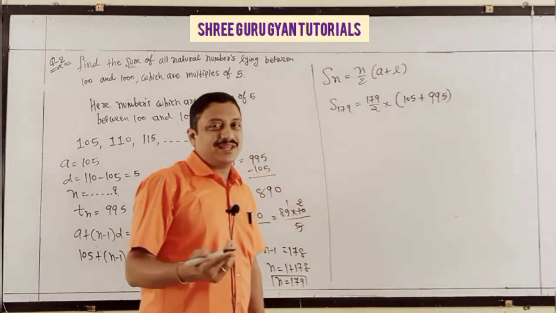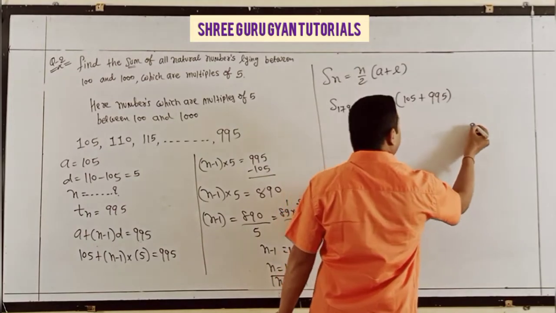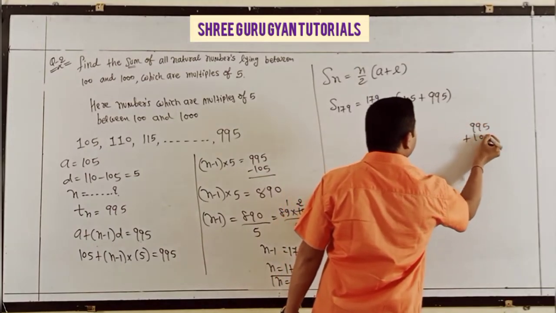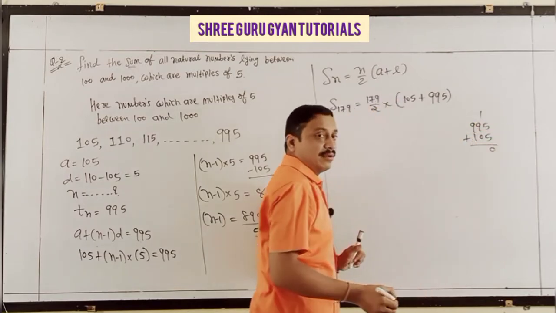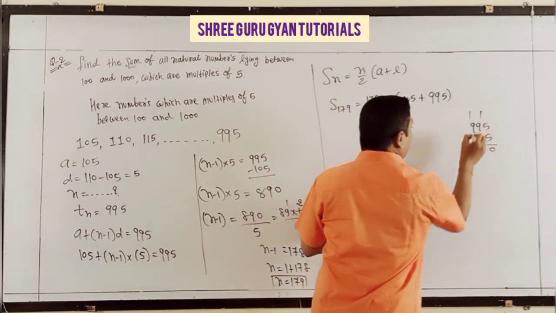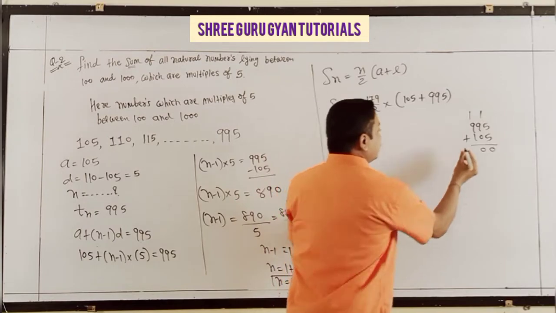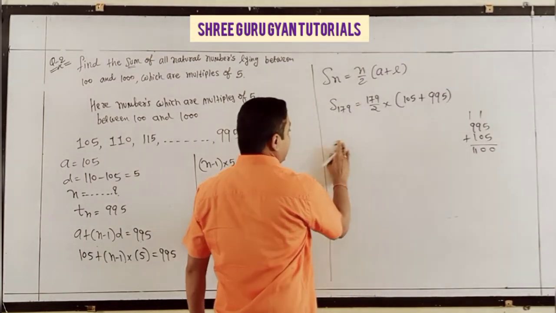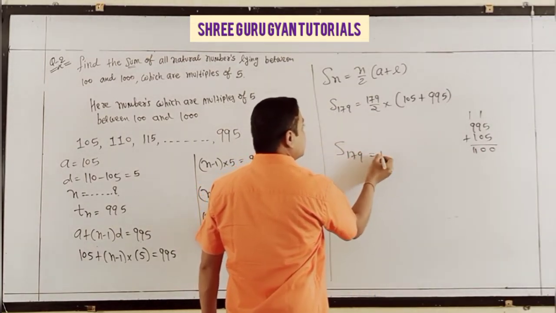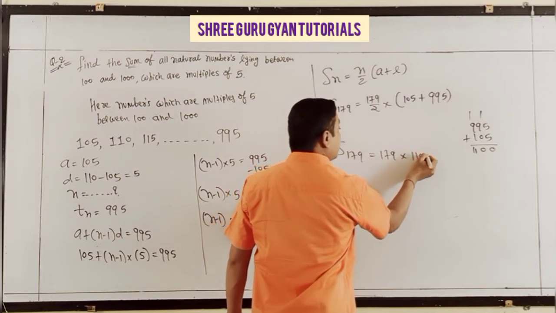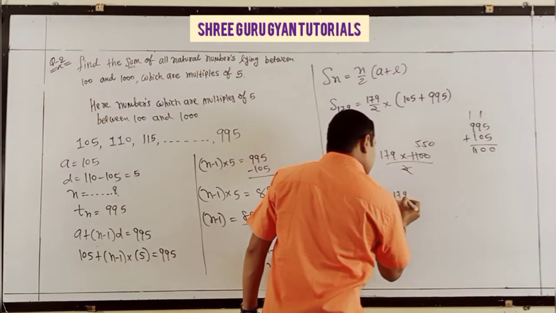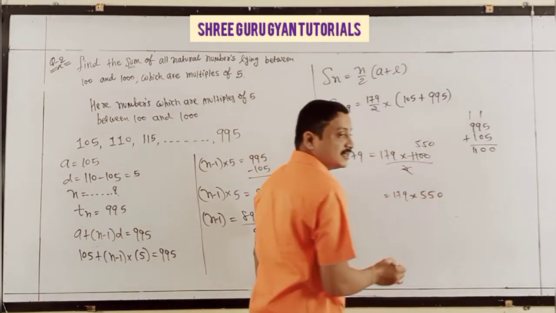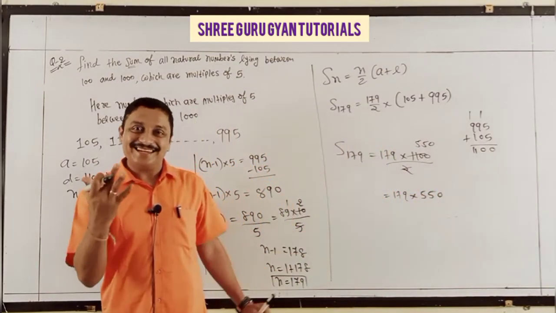Now students, you can easily get 995 plus 105, which is 1100. So you get S equals 179 into 1100 by 2, which is 550. And students, here you can use your calculator and easily get the answer.